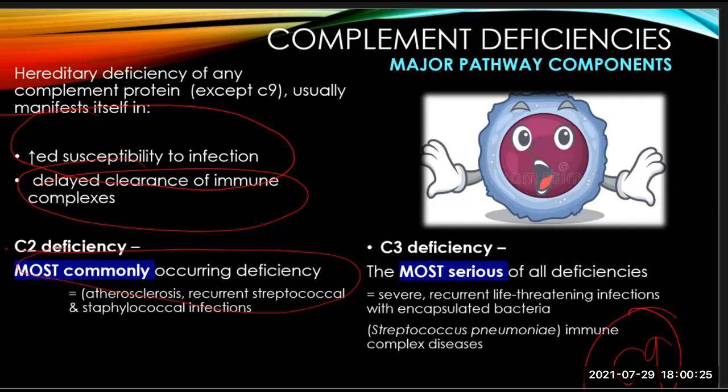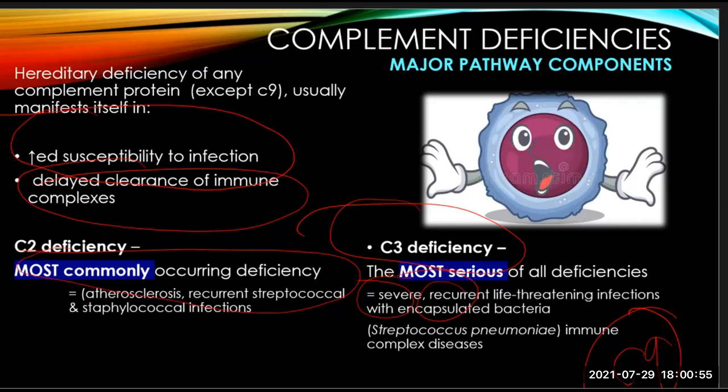The most serious of all the deficiencies will be that of the C3 deficiency. The most serious deficiency is that of C3 because it is the key mediator in all pathways. Again, bakit serious yan? It is the key mediator in all pathways. Individuals with a C3 deficiency are prone to develop severe, take note, severe recurrent, paulit-ulit, life-threatening infections with encapsulated bacteria.